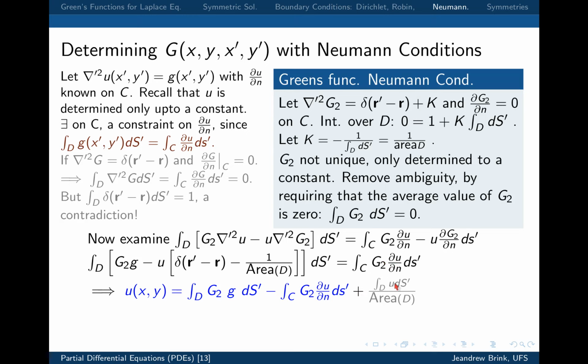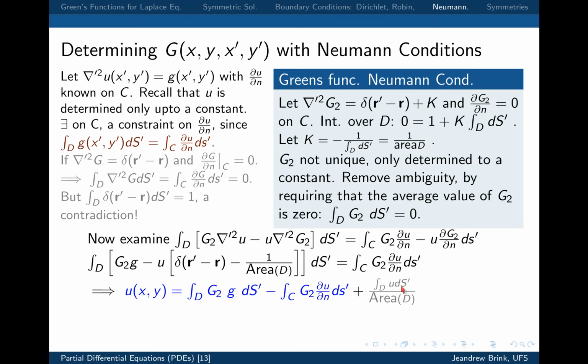which is the integral of u ds prime over the area of D. You could ask how can this be, because we don't know what u is, but the fact is we don't care. This term is the average value of u, because it's the integral of u over the area of D. And remember, we've got uniqueness on u only up to a constant, so we have to deal with the fact that u is not determined up to a constant.